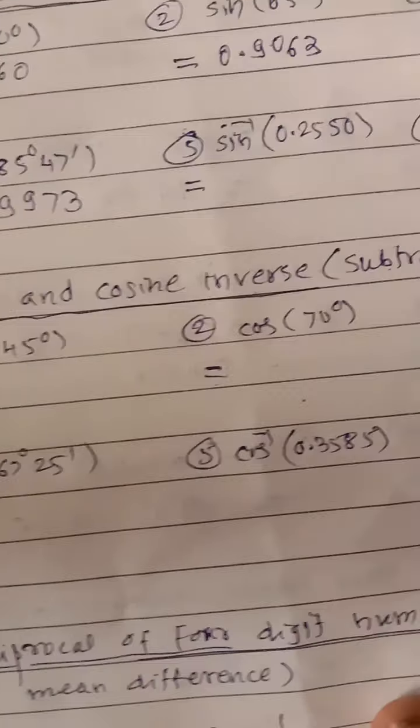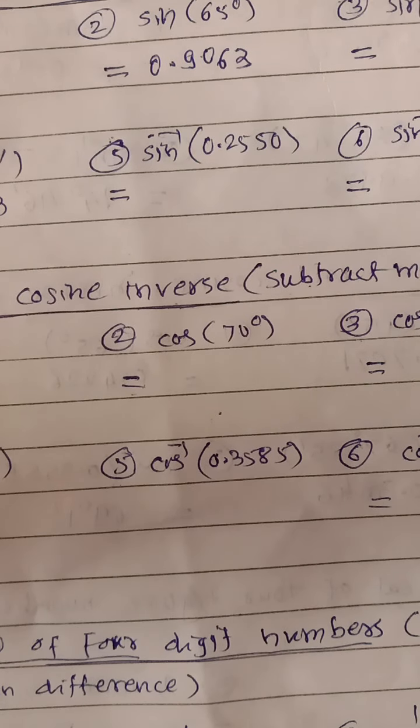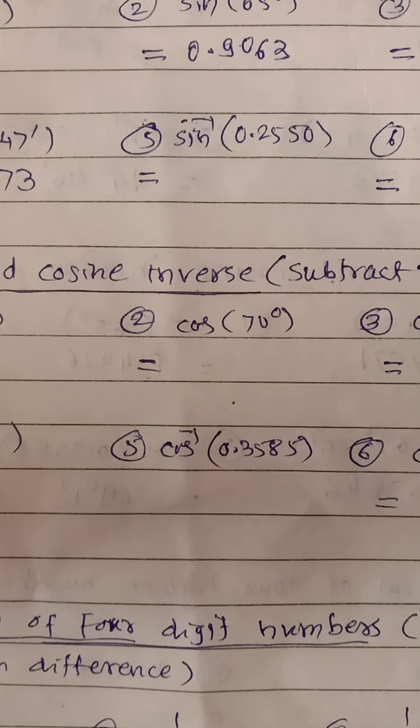0.9973. Now let us find out sine inverse. In order to find sine inverse of any given number, we will have to use the same natural sine table, and our number is first 0.2550.